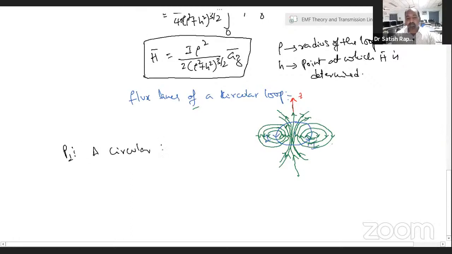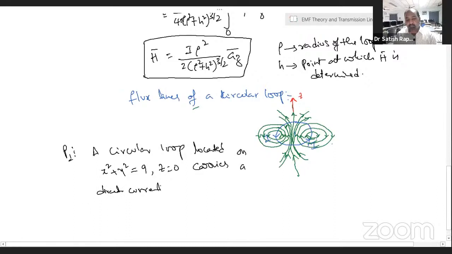A circular loop located on x square plus y square is equal to 9, and z is equal to 0, carries a direct current of 10 amperes along a phi bar.